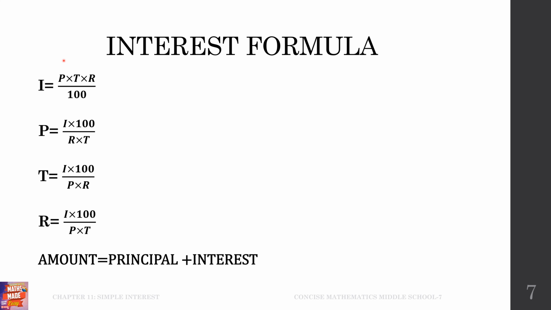And if you remember this one formula, you can derive the remaining 3 formulas from the main formula itself. Right? I will explain one for you. I is equal to P into T into R by 100.